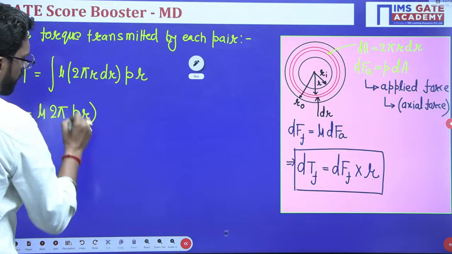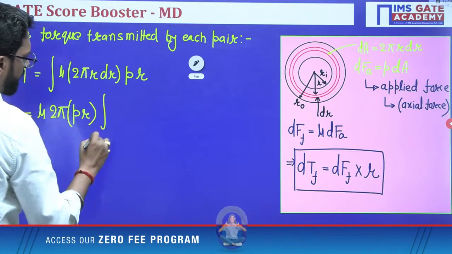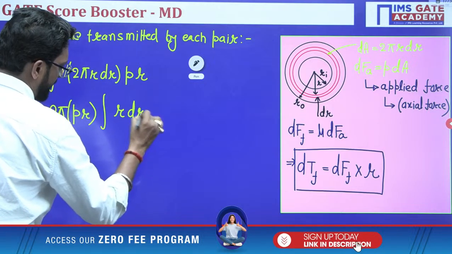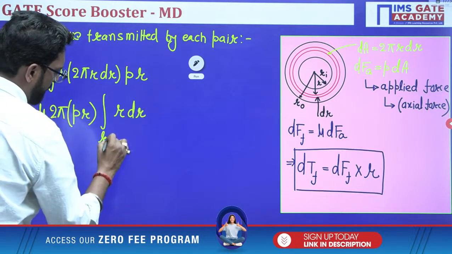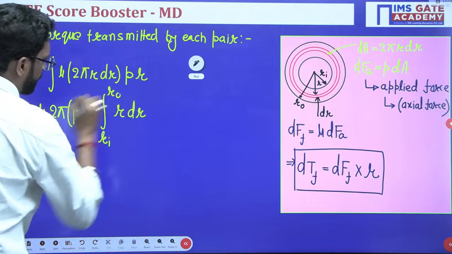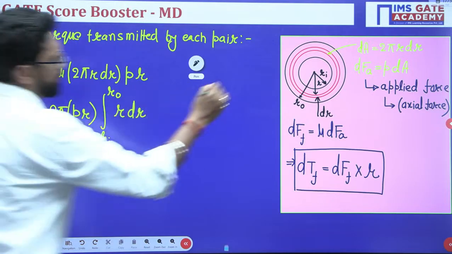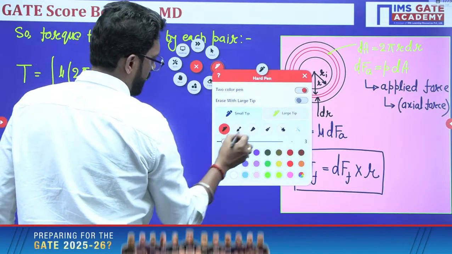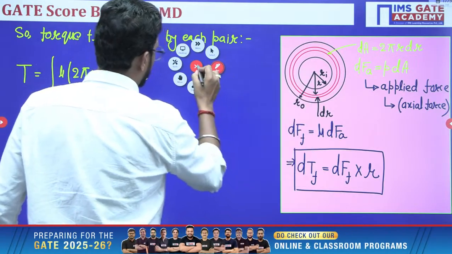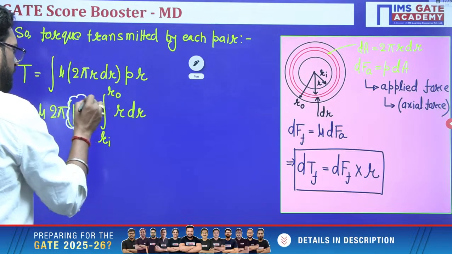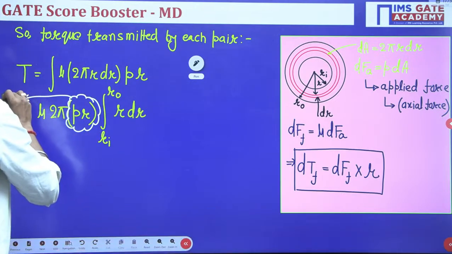Why P into r common? Because of uniform wear. Into r dr, Ri to Ro. Yes or not? Why is this outside? Because of uniform wear. We'll write here: uniform wear.